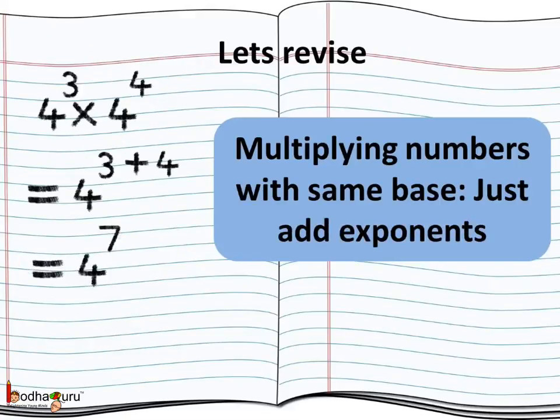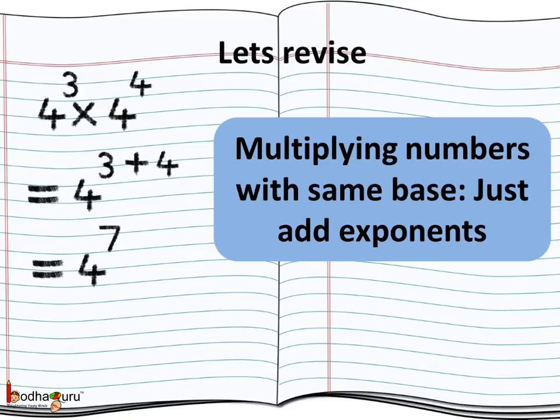So, let us revise in short what we learned today. During multiplication of numbers with the same base, we just add the exponents and the base remains the same. For example, 4 to the power 3 multiplied by 4 to the power 4 is equal to 4 to the power 3 plus 4, which is equal to 4 to the power 7.